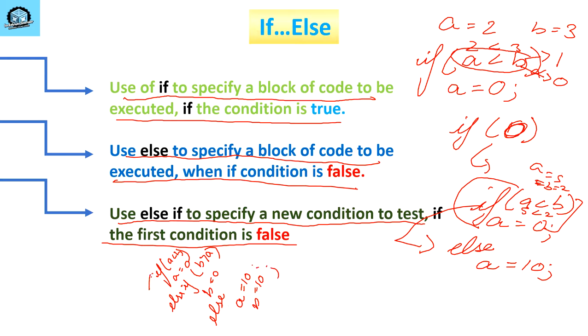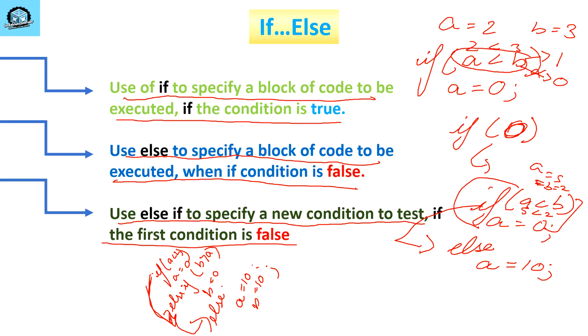This is a way: if this condition is not true, it will go inside this. If both of these are not true, then it will go directly into the else. It will not check any condition, as else does not have a condition. If the above conditions are not true, it will directly go inside the else without checking any condition. Else is for the false part.